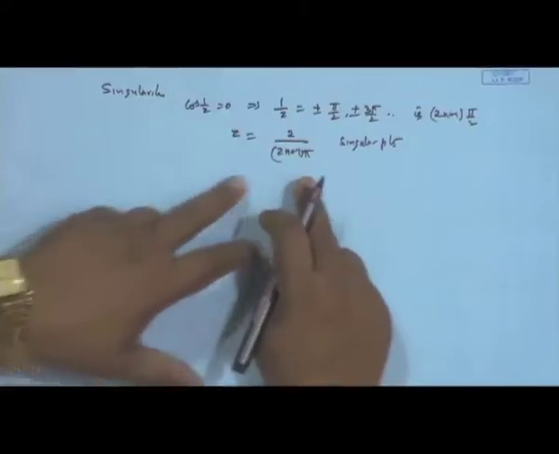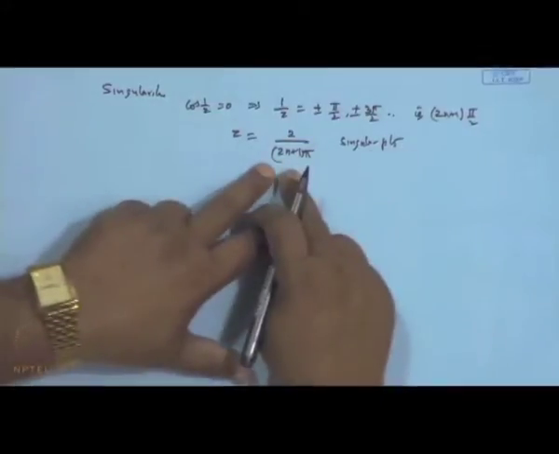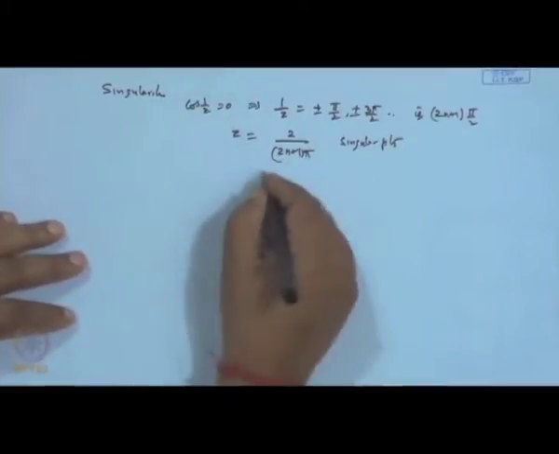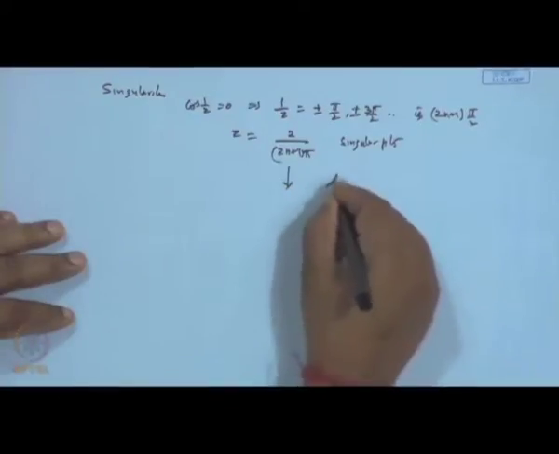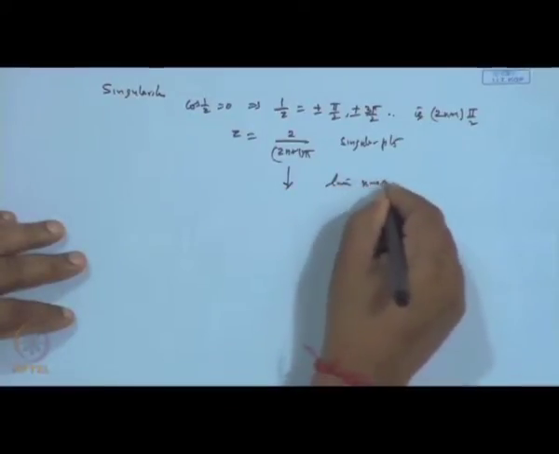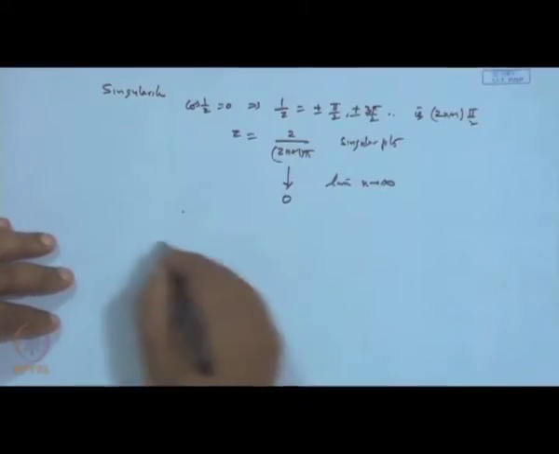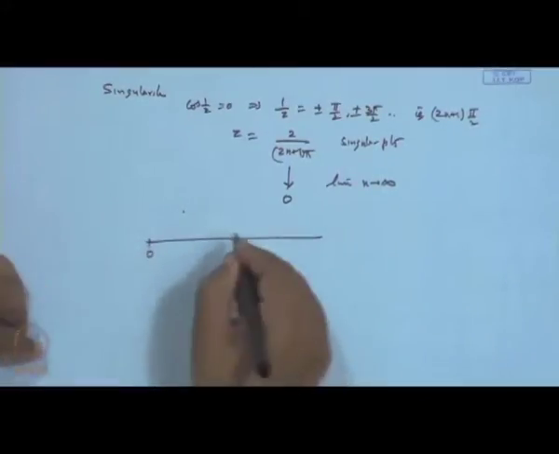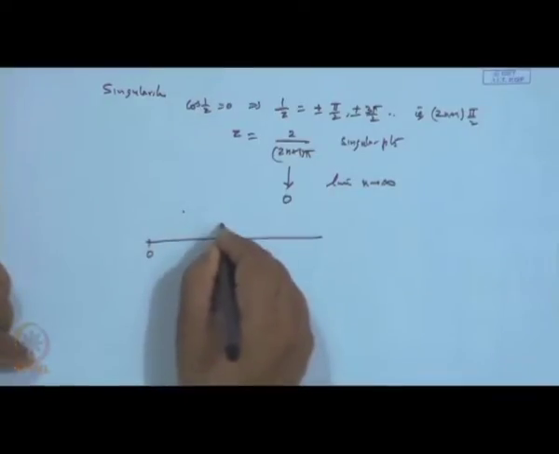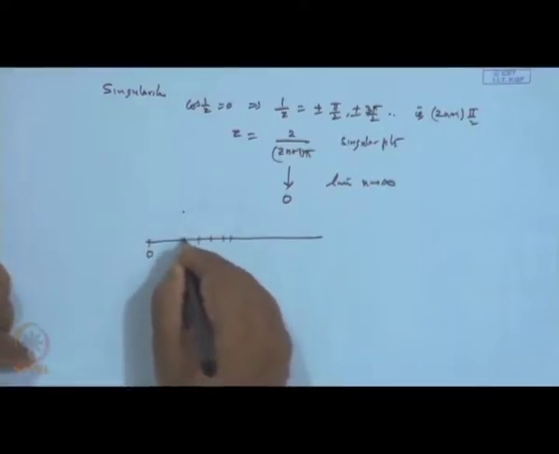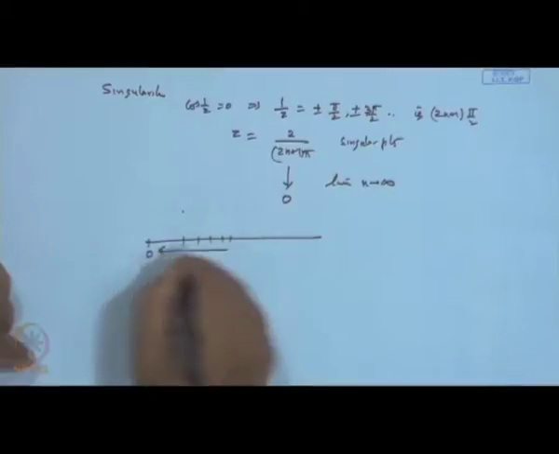Now, take the limit of this. What is the limiting position? The limit as n tends to infinity is 0. If we look at 0, these are the sequence of points which are tending to 0.